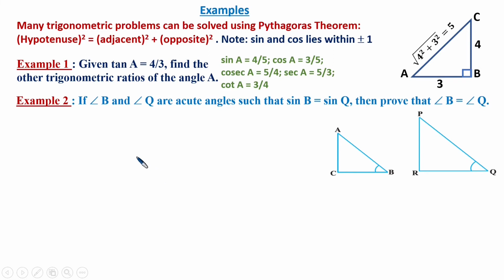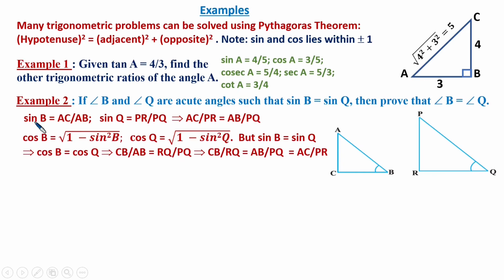It's the inverse of it, both are okay. Now here sine B is equal to AC by AB, and sine Q is PR by PQ. Since sine B is equal to sine Q, I can write AC by AB is equal to PR by PQ. I have just rearranged it.